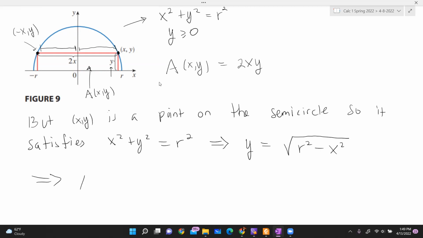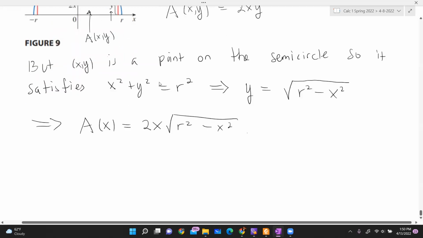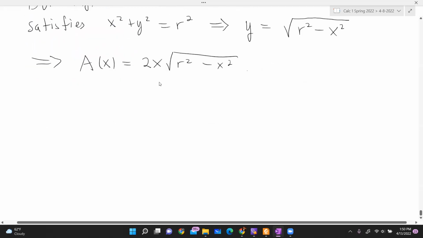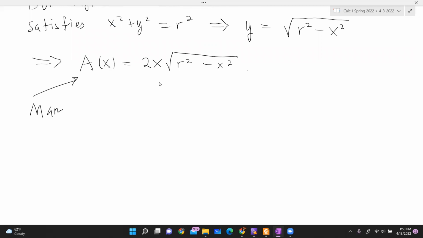That implies the area can now be written as a function of x. It'll be 2x times y, but y is given by the square root of r squared minus x squared. And so what we want to do is maximize this function.